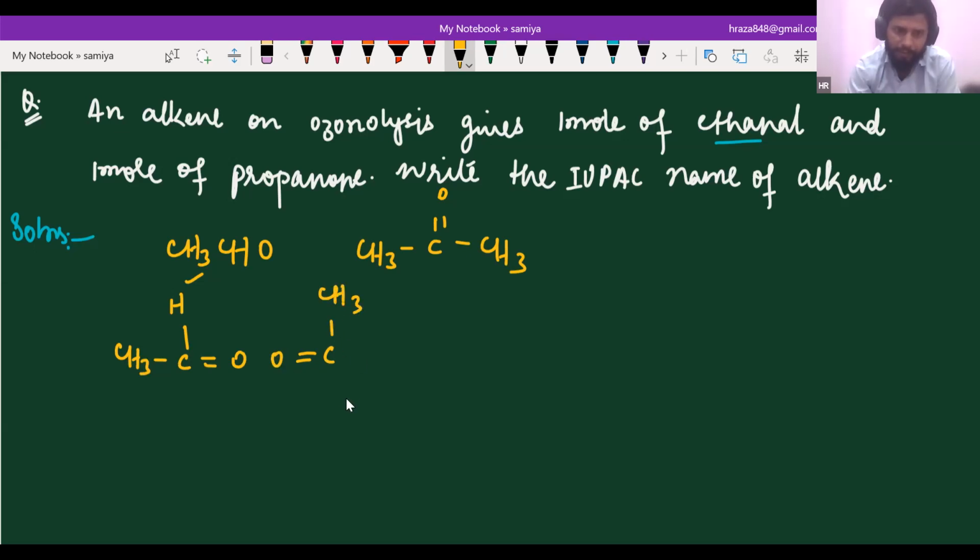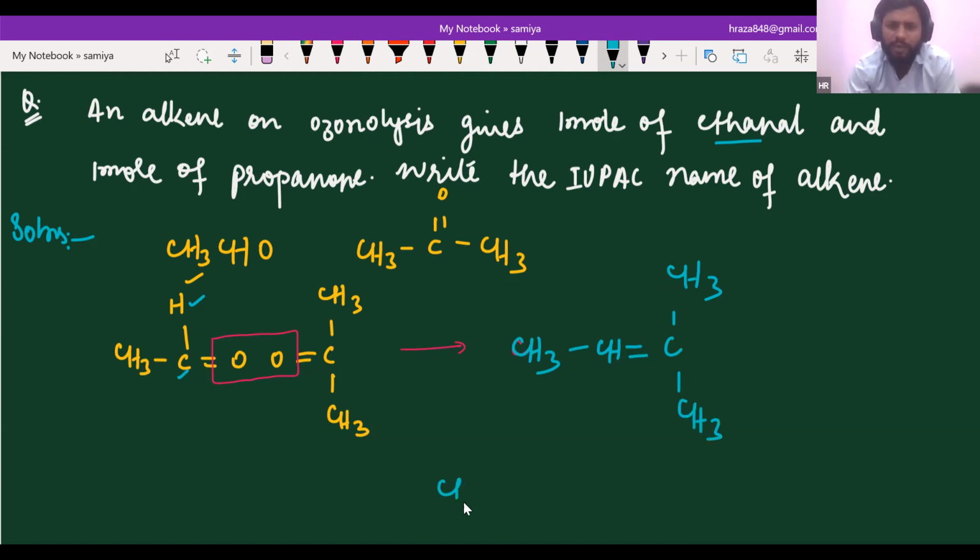Just make sure this double bond comes together and the O will be removed. Now what you will have, it's very easy to understand. This will be CH3, and this C is with H, so this will be CH double bond C, and then CH3 and CH3. Now you can write it in your own way.